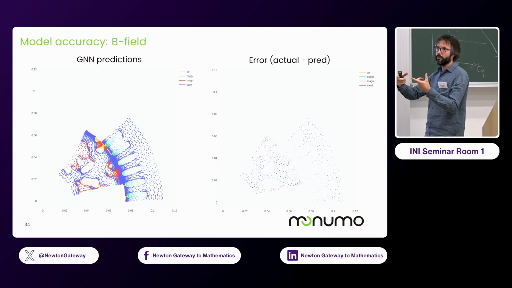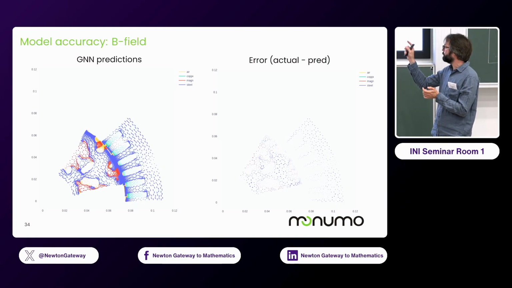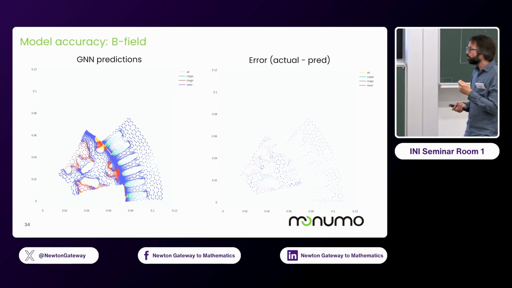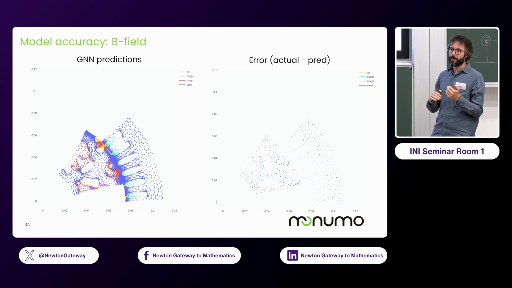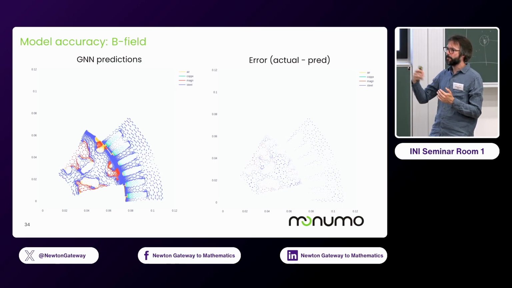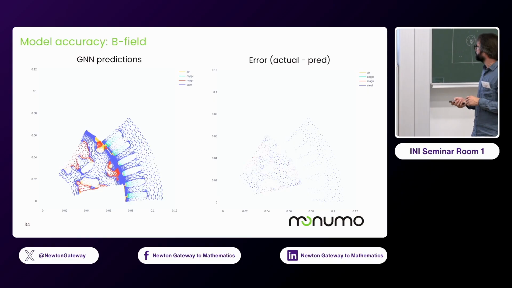Since we use, in a sense, finite differences to compute the curl of A, on small cells you can have very large error, even if your model on A is pretty accurate. But it's not too much of a problem in our case because it's a large error that pretty much comes from a 0 divided by 0. So if we just multiply B by the area of the cell, which is the quantity that is needed down the line for computing our matrix of interest, then this large error disappears.